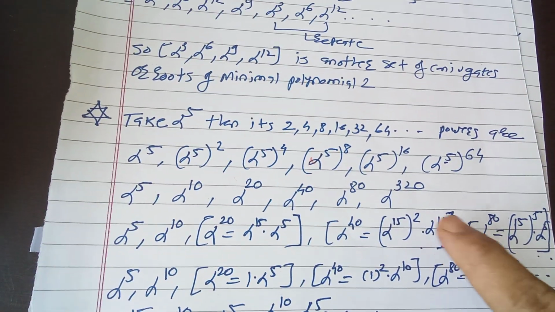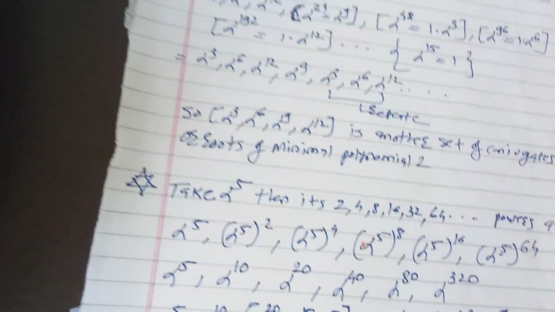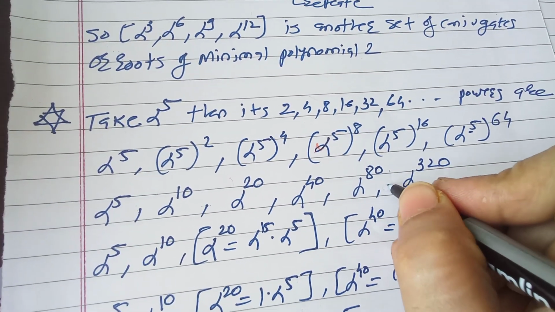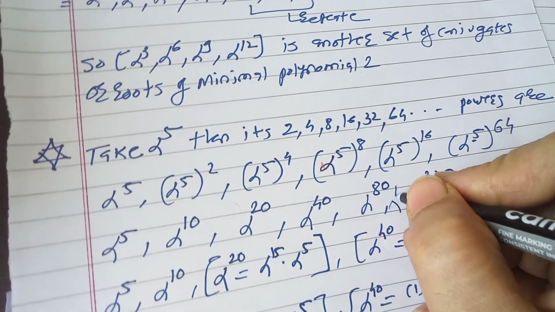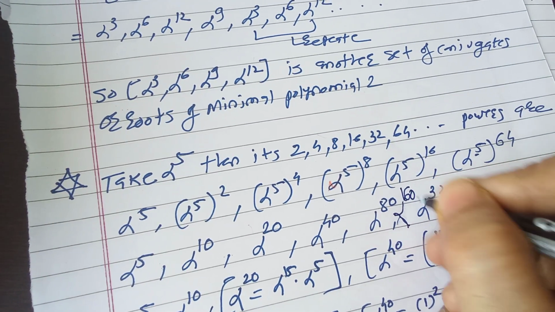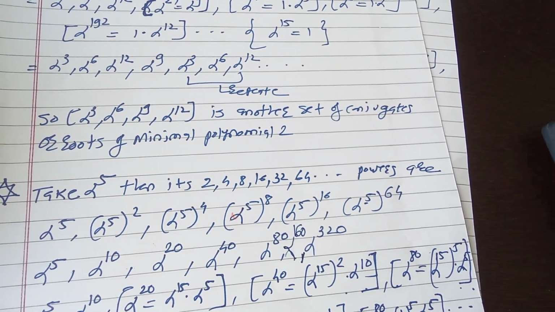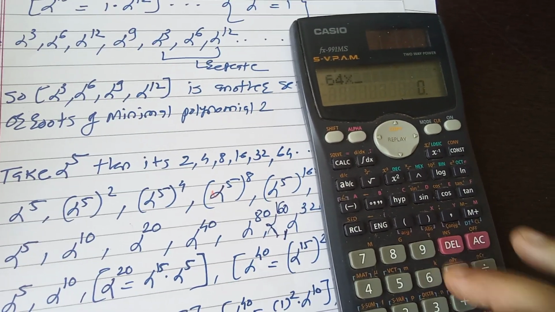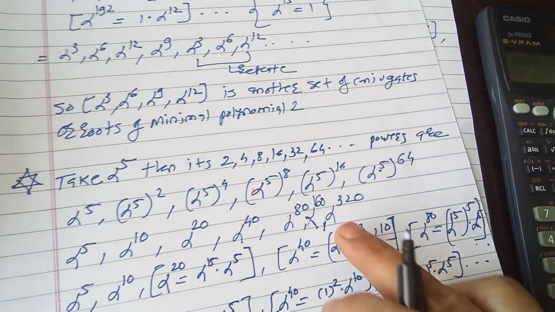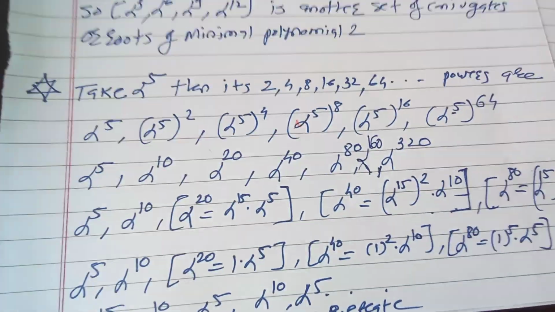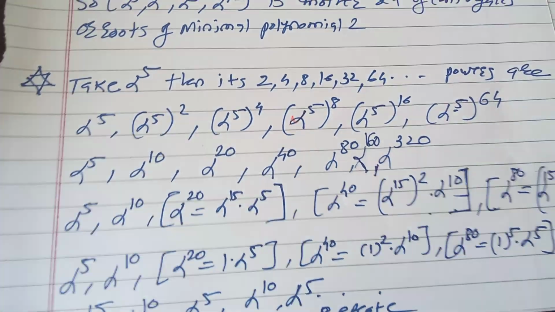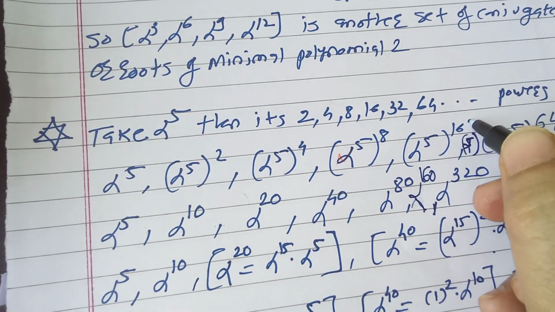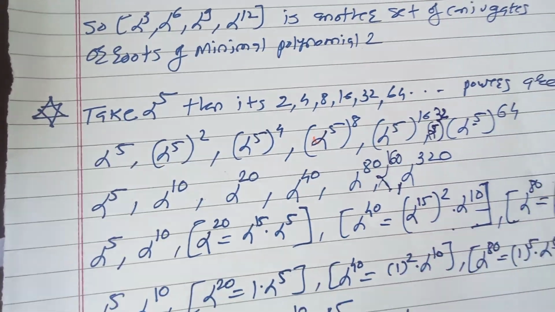So it should be alpha 160. Then 64 into 5 is 320. So let us see 5, then 10. Here also we have to write alpha 5 raised to 32, then alpha 5 raised to 64.